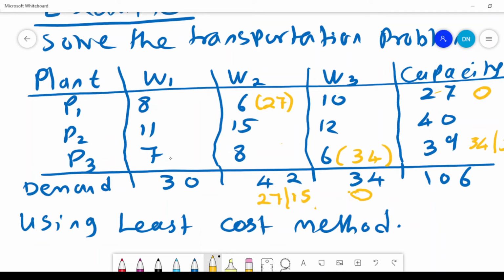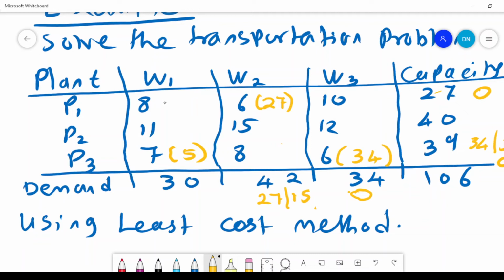I go to P3. P3 has a balance of 5 from 39 because it gave out 34. So it can only give W1 5 units. And therefore, P3 now exhausts all its units. It has nothing else to give.